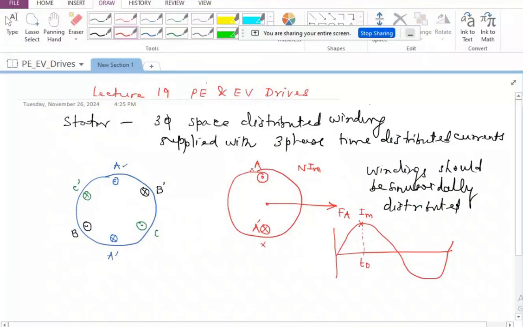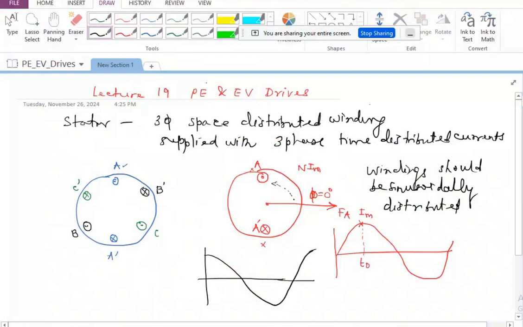So if I try to look at this as theta equal to 0 degrees, for example, or instead of theta, let me take this as phi equal to 0 degrees. So if I try to draw how the MMF would be as you go along this way, I should show as though this is the maximum MMF that I'm getting, and it should be somewhat like this.